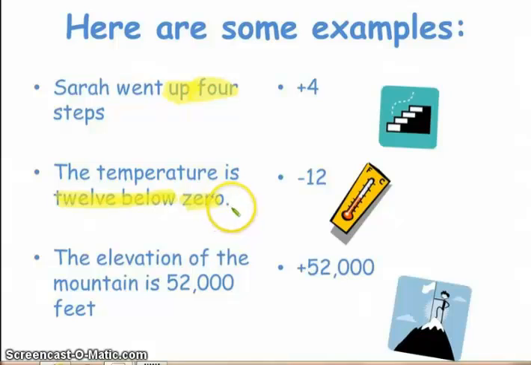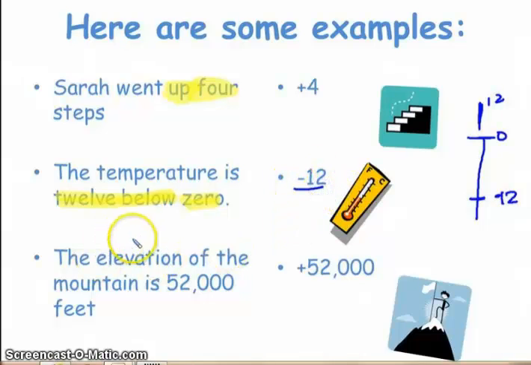So we'll represent it with negative 12 because it is away from zero. Let's say right here we have the thermometer, and this is 0, but it's 12 below 0. So we have to make sure we put a negative to let people know that it's not 12 above 0, it's below. So we have to represent it with a negative integer.